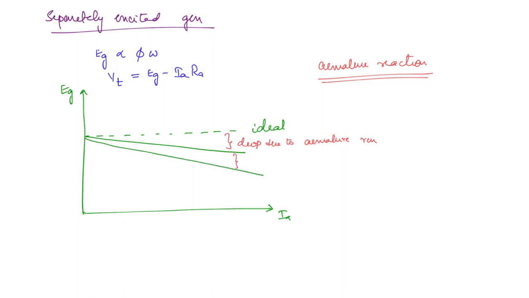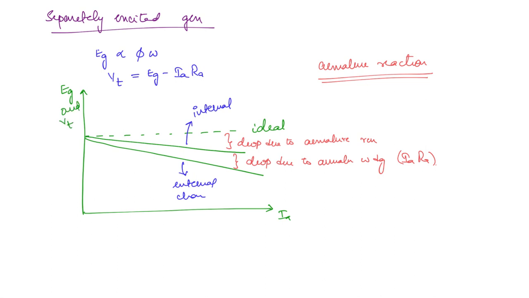Now this drop is due to the armature winding, or you can write IaRa drop, okay? So this is the internal characteristic and this is the external characteristic. Also, on the axis, Eg and Vt are plotted with the same axis, okay?